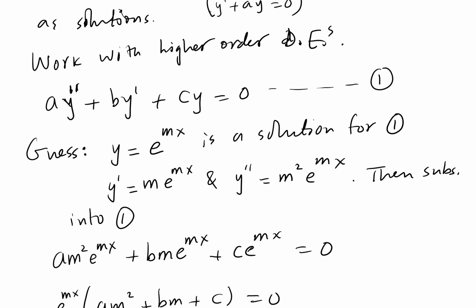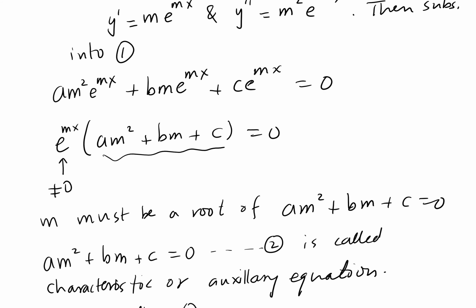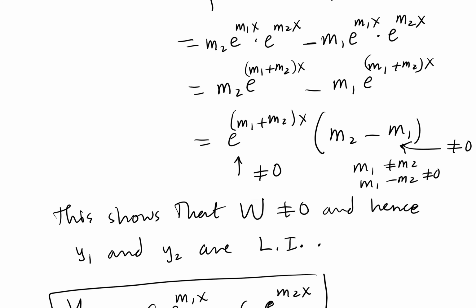When we did the work on this, we got to this part. Do you see it? It was a y double prime. So the y double prime became m squared. The y prime became m, and the y is gone. Do you see that? So the differential equation can be rewritten as a quadratic equation like this, which we call the characteristic equation.